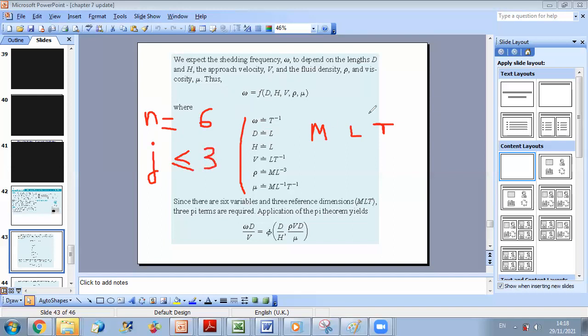So I will try to find 3 as we said last time. If I find 3 independent variables, it's fine. If not, I can reduce j and try 2. Okay, as I told you before.